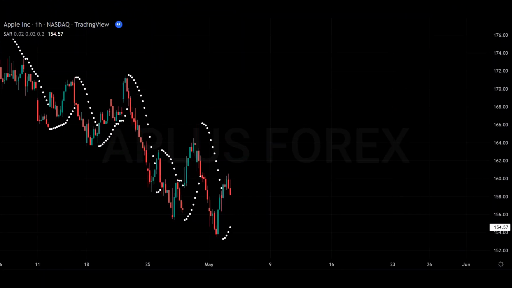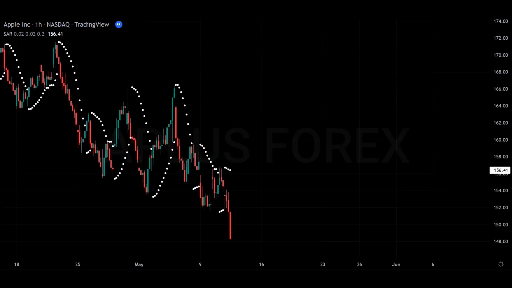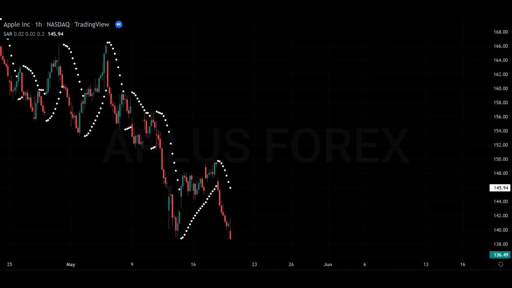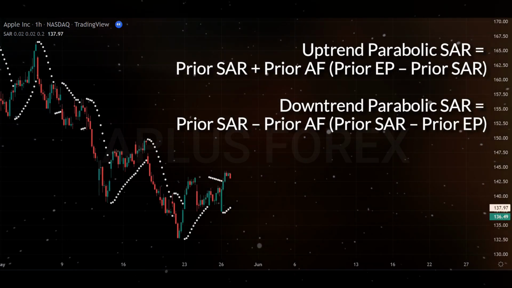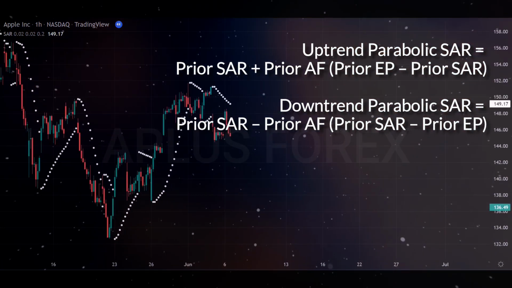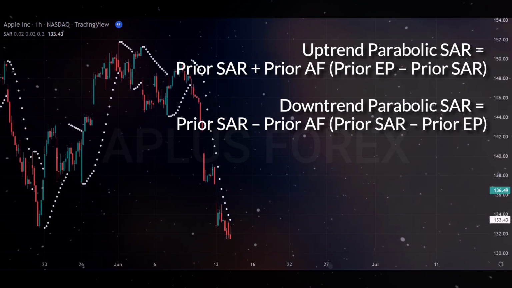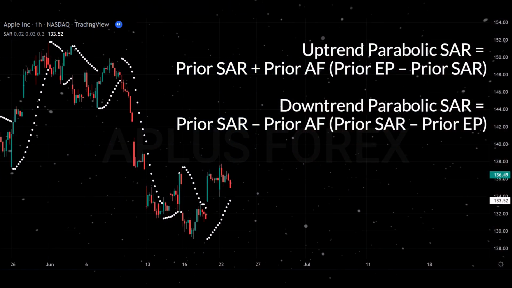So to calculate the parabolic SAR, we use the highest and lowest price as well as the acceleration factor to determine where the SAR indicator dot will be displayed. The formula for parabolic SAR is as follows, where EP is the extreme point in a trend, which in other words means the highest point reached by a price during an uptrend or the lowest price reached during a downtrend.